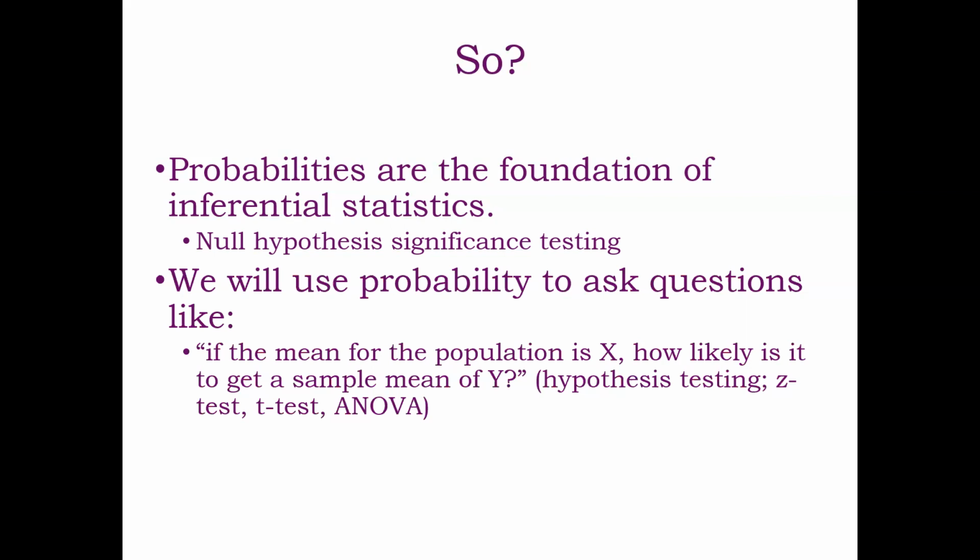So I'm going to test my teaching against the national average. So maybe I have all my students take a test and you get a mean of 70, and the national average is 75. And we can say, do you guys belong to the same population of statistical knowledge as the national average? So I have you guys, how likely is it? And I'm going to explain how to do that later.